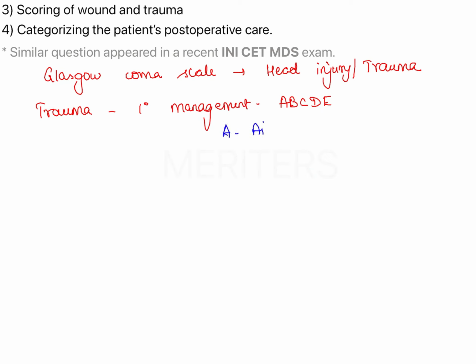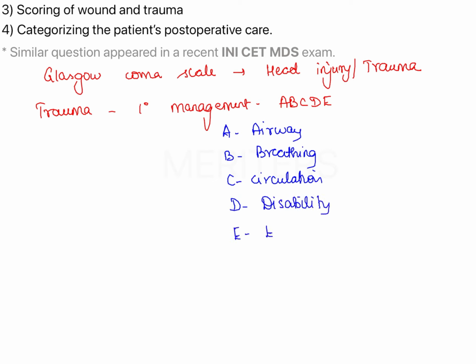A stands for airway, B for breathing, C for circulation and D for disability evaluation, and E denotes the exposure of the patient from head to toe in order to assess for any other injuries in the body. Therefore, the primary management is to assess the A, B, C, D, E of the patient.